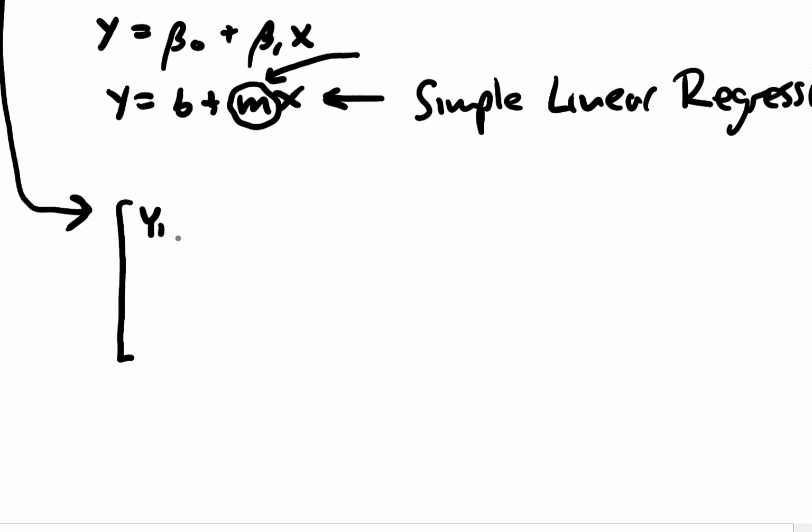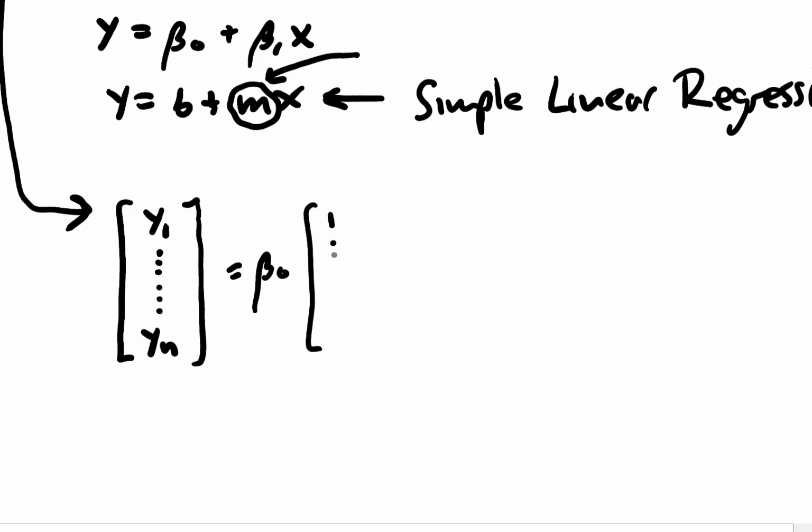These are our observations, so we might have n observations. This is equal to beta naught, and beta naught is always multiplied by 1, so this is going to be a vector of n 1s.